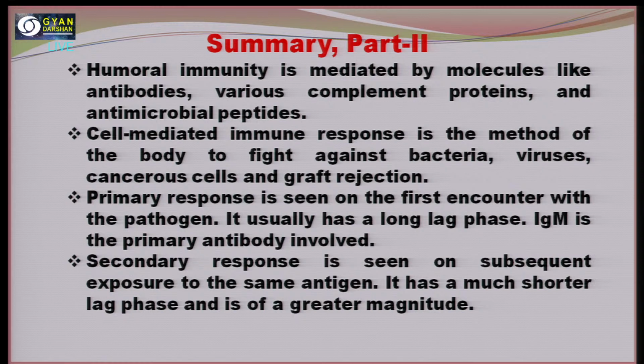The primary response is seen on the first encounter with the pathogen. It usually has a long lag phase, and IgM is the primary antibody involved. The secondary response is seen on subsequent exposure to the same antigen. It has a much shorter lag phase and a greater magnitude.